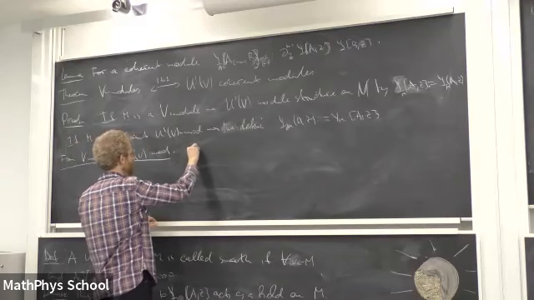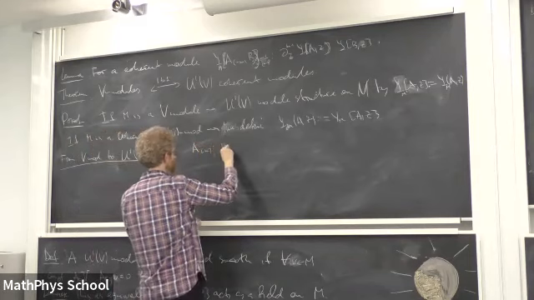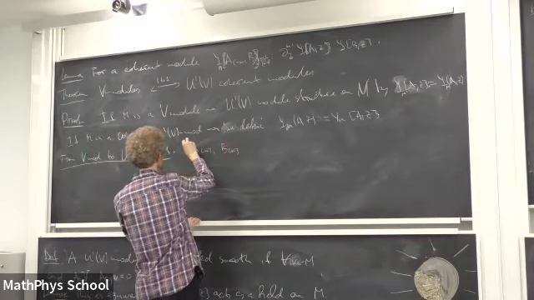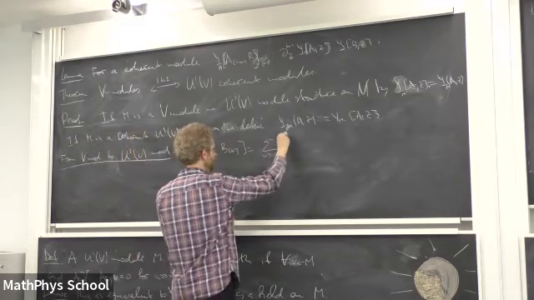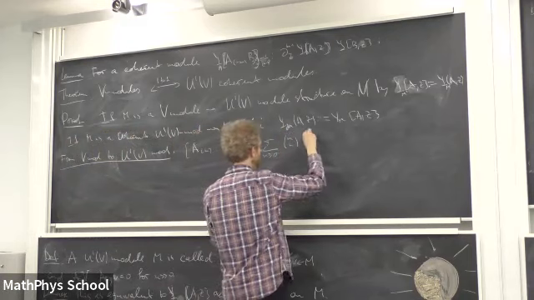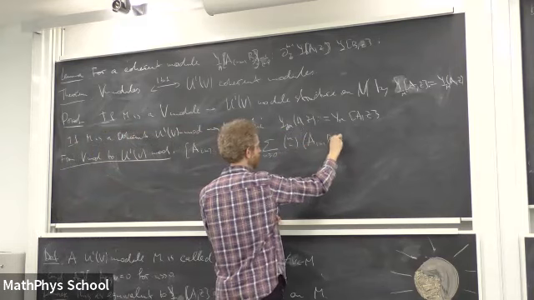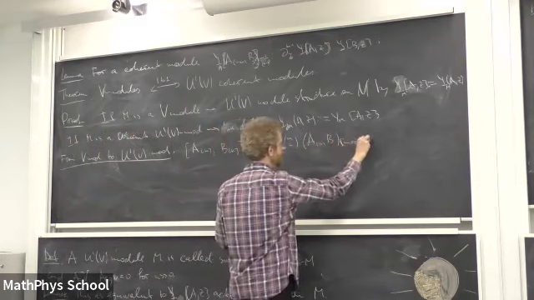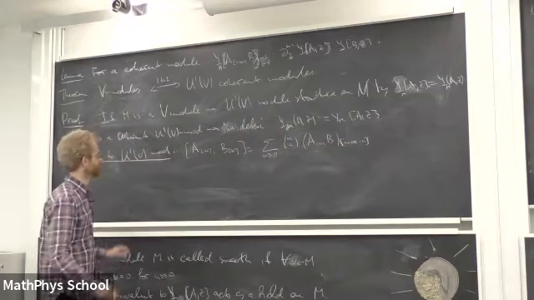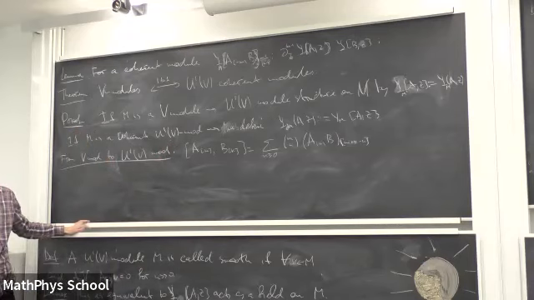Actually, this is the second thing, but let me write it. We have to check that [a_m, b_k] is a sum over some n greater than 0 of binomial coefficients times (a_n b)_(m+k-n). Oops. Like this. But this is the second thing. There is a more basic thing we have to check.